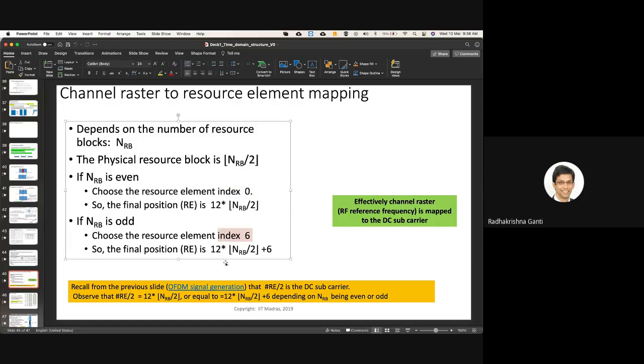So if you look at it from the RE perspective, it's always a center point. If it is even, then it is the first resource element of that resource block that will be the raster point. So I give the raster point here: if this is even, then 12 times NRB by 2 is the raster resource element. If it's odd, 12 times NRB by 2 plus 6 is the raster resource element.